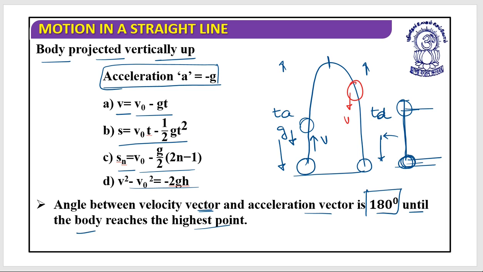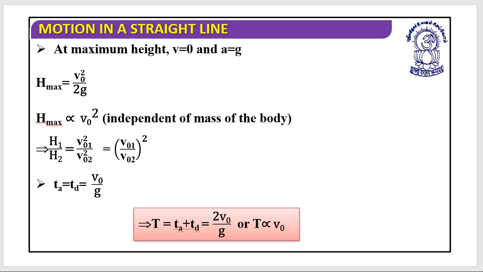This is v, this is g. This should be a 0-degree angle between velocity and acceleration in the downward journey. I hope these things are clear. So let's move to the next.